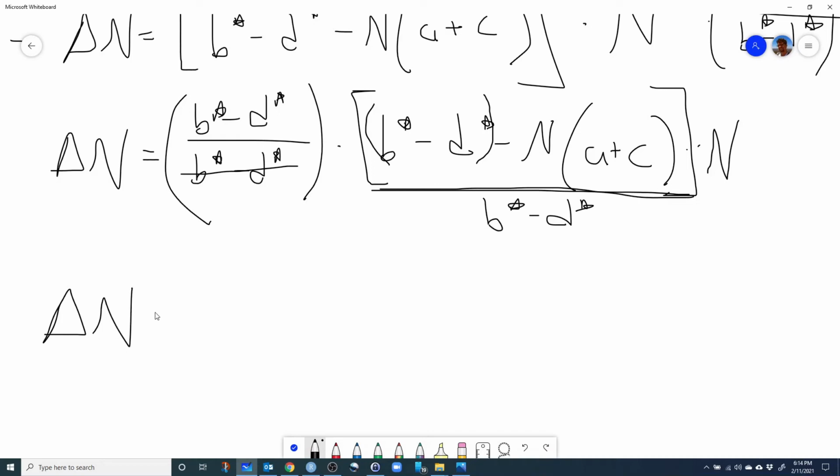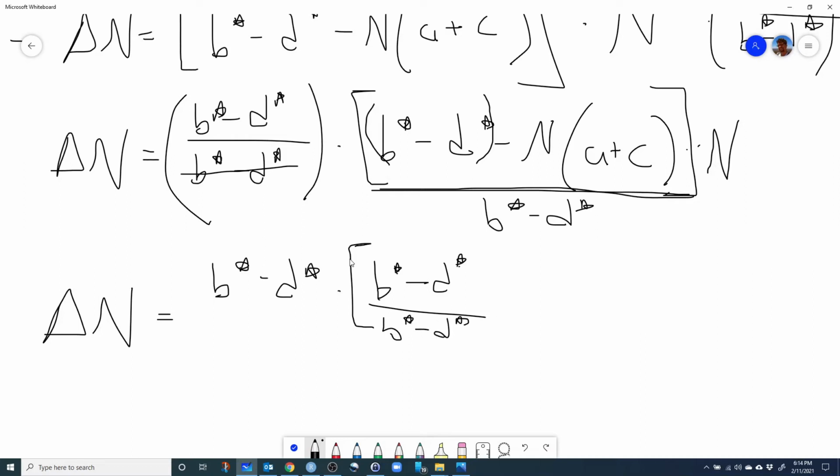We'll just divide this term and this term by b star minus d star, which gives us this. Delta n is equal to b star minus d star times, because we moved this denominator over here, times b star minus d star over b star minus d star, right?